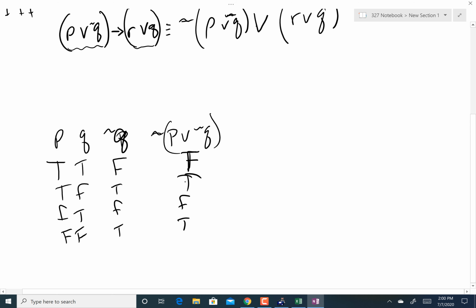So that'd be false, false, true, false. Okay. All right. So if you look at that, what is that? And that's back on page, oh, for God's sakes.